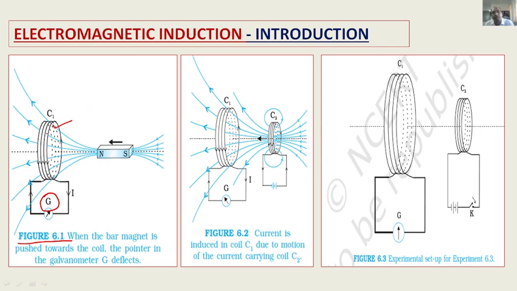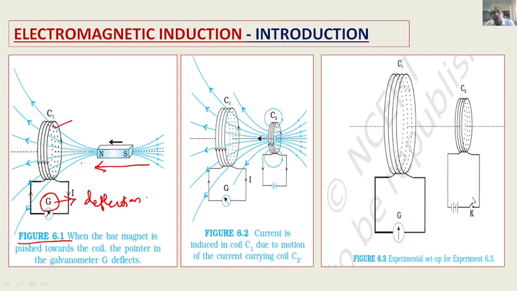So, a closed wire loop, a coil, is connected with a galvanometer, and when a bar magnet is moved towards the wire loop, towards the coil, at some speed, it is found that the galvanometer has shown deflection in a particular direction.